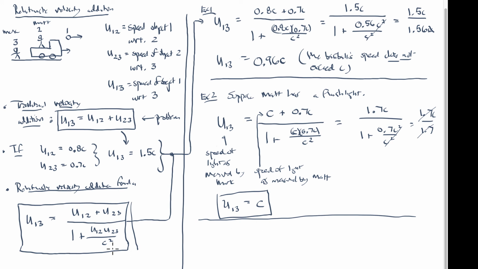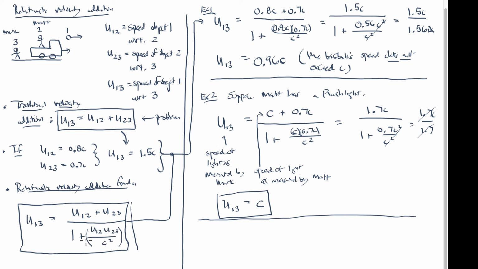Notice that in this formula, when the speeds are very small, this reduces to our traditional velocity addition formula. So if u12 and u23 are small compared to c, then this term in the denominator becomes very small because you have a c squared in the denominator and things very small compared to c in the numerator. So this term becomes almost 0.